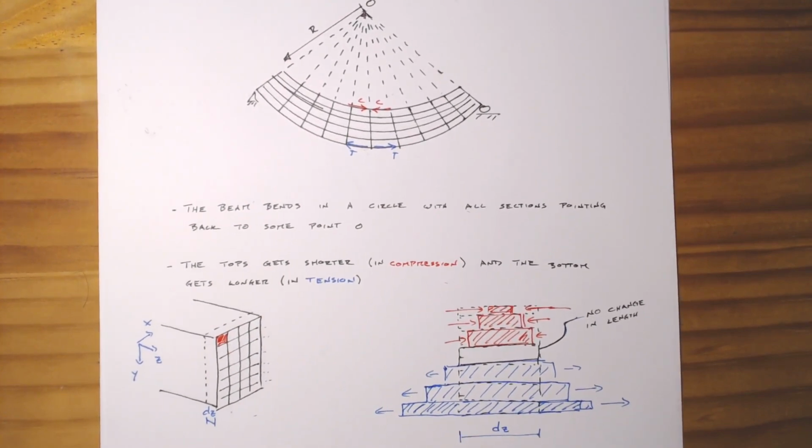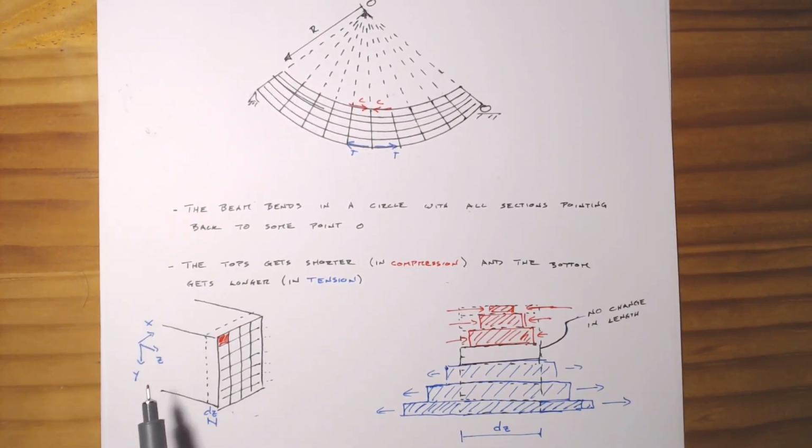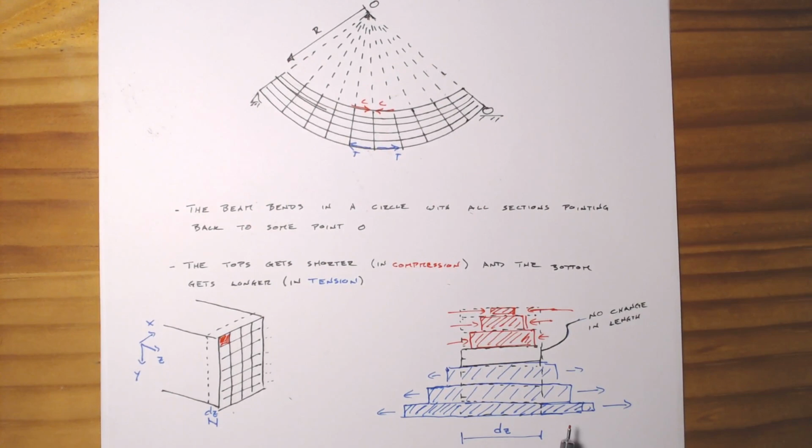If we pull this out, we'll put some coordinates to this, where we'll say y is going up and down across the cross section, z is along the length of the element, and then x is going across, so transverse to the beam. Well, the top is getting shorter and the bottom is getting longer.